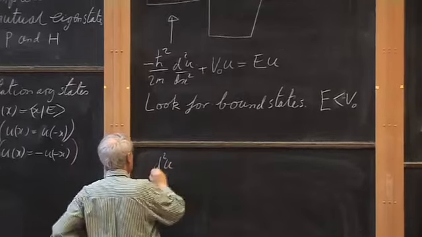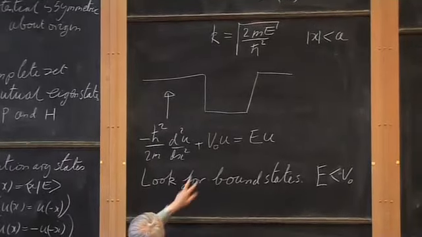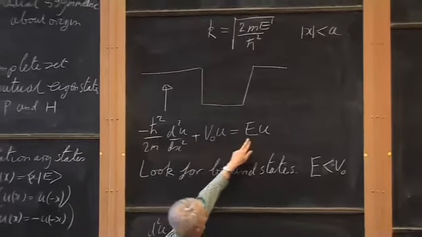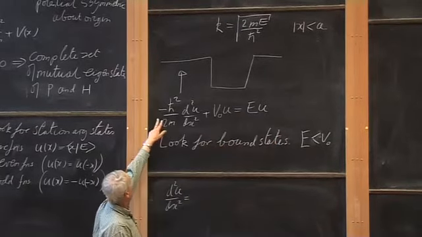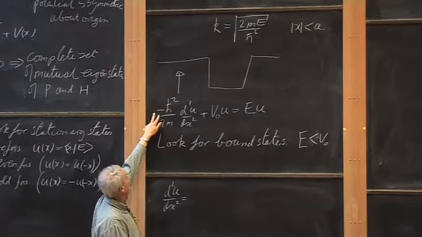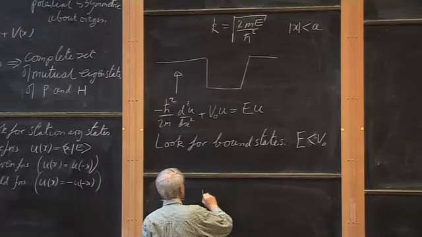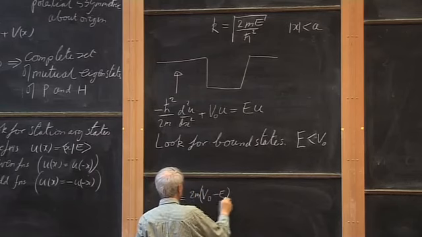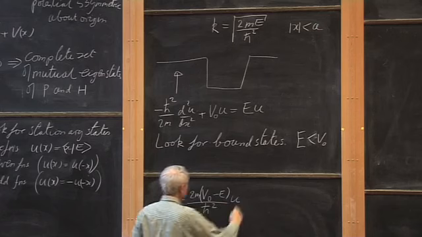Well, then this equation becomes d2u by dx squared is equal to, if we put this onto this side, since V0 is by hypothesis bigger than E, we have a negative right-hand side, and we can cancel the minus signs on the two sides. So if we write it, we have 2m times V0 minus the energy over h bar squared times u.